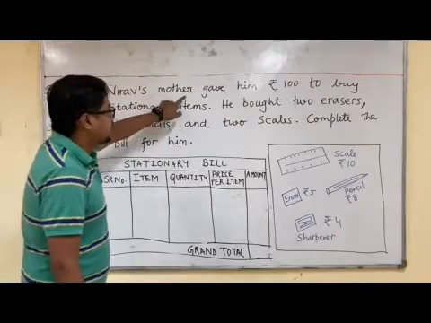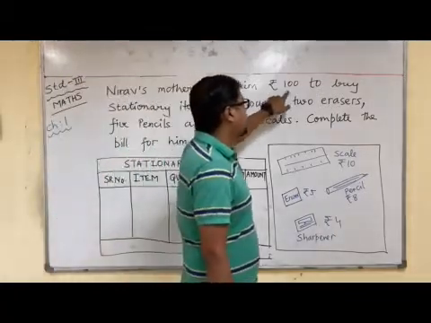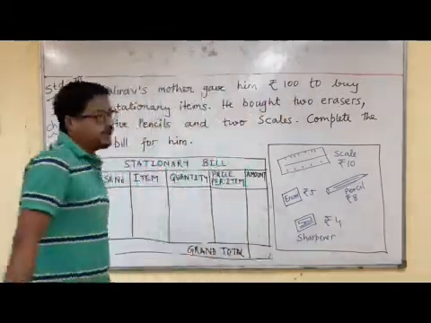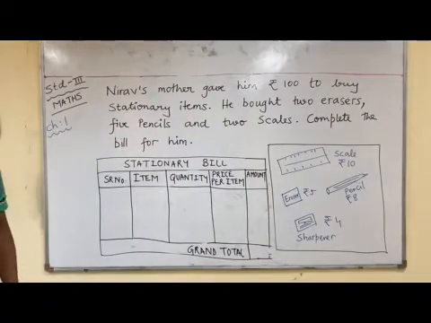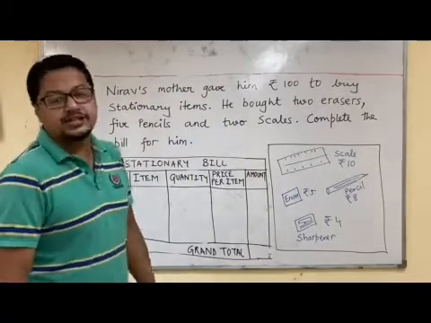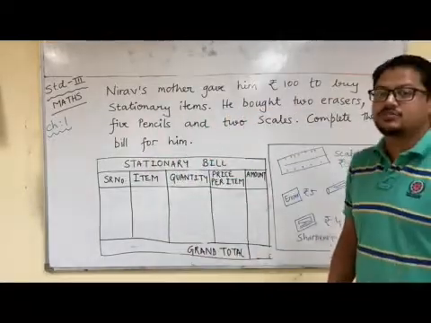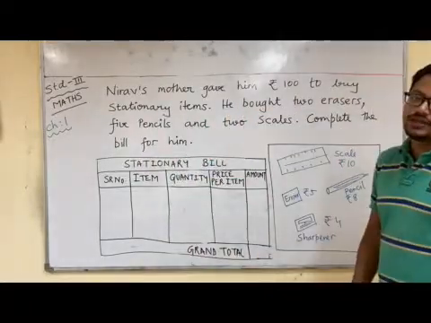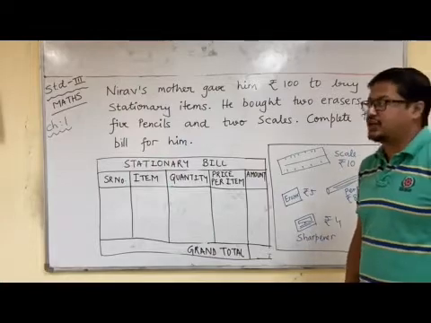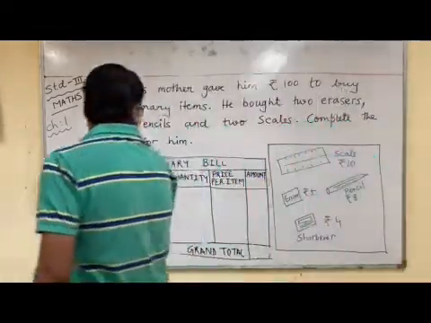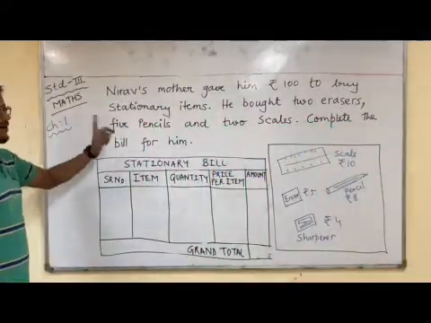Neerav's mother gave him 100 rupees to buy stationery items. So Neerav was planning to buy something from the stationery, and his mother gave him 100 rupees to buy things from stationery items. Very important.